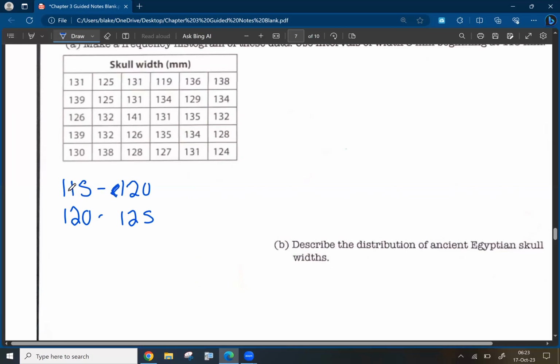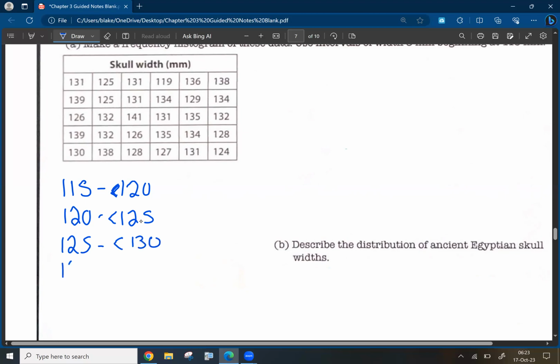So this interval is 115 up to 120, essentially 115 to like 119.9. And then 120 would get counted here. This one would go up to like 124.9. But I'm not going to write 124.9. I'm just going to write 125, but with the less than sign to indicate, hey, it goes from 120 up to just before 125. The next interval will go from 125 up to just before 130.